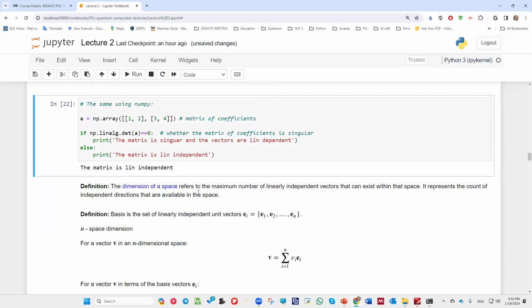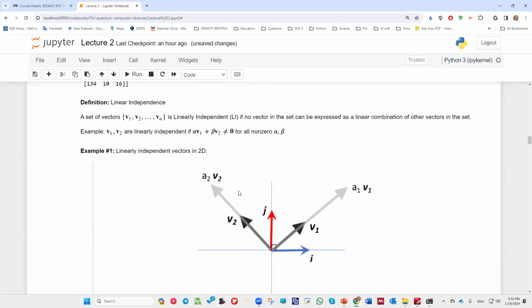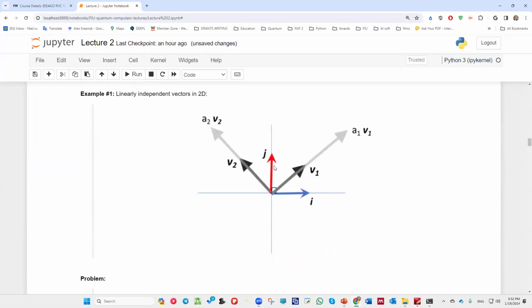Yeah, speaking about dimensions, I said several times this word dimension. What is dimension? The dimension of a space is literally the number of linearly independent vectors. So for example, in this case, we have two linearly independent vectors.